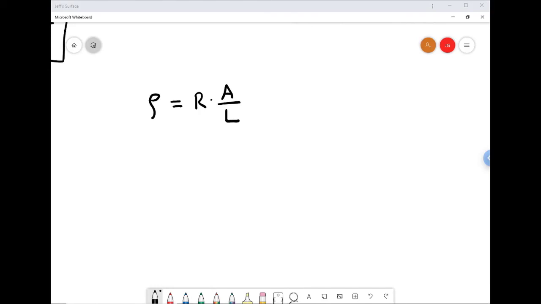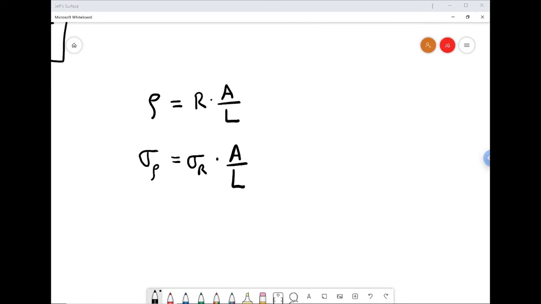So here we have a situation where we're calculating rho from another value, R, resistance, that has uncertainty associated with it. But to calculate this thing, we're just multiplying by a constant. We'll treat A and L as constants with no uncertainty, no error whatsoever. And the rule for error propagation, when you're just multiplying by a constant, is that the uncertainty in rho is going to equal the uncertainty in the resistance multiplied by the same constant. In other words, in absolute terms, the uncertainty just scales by the same constant.